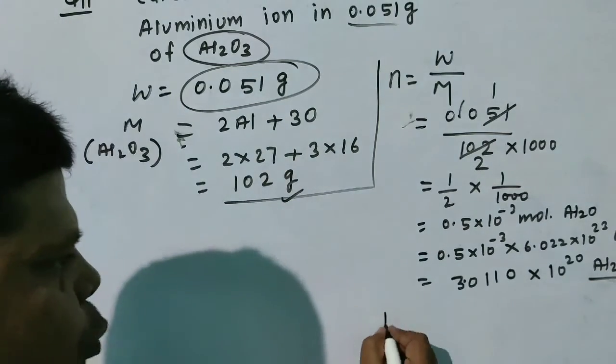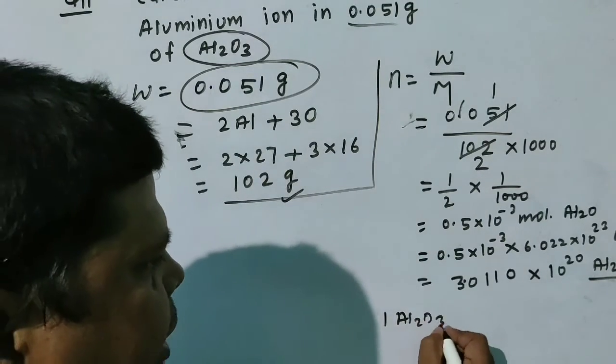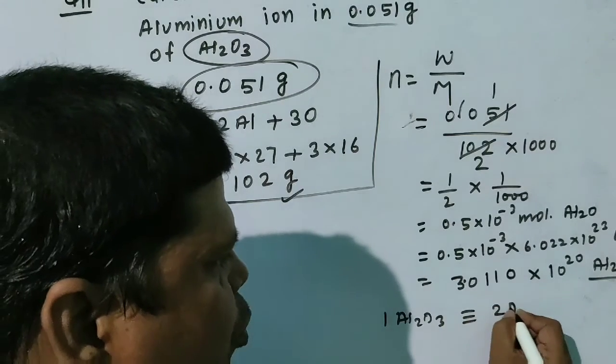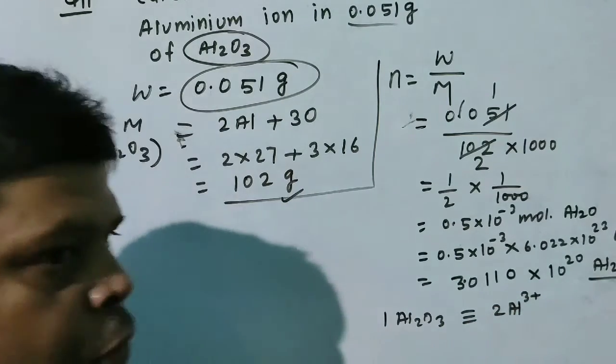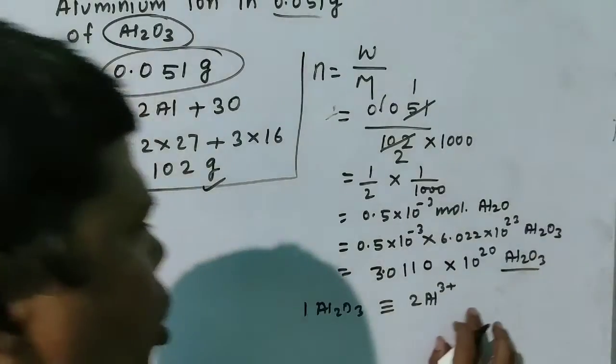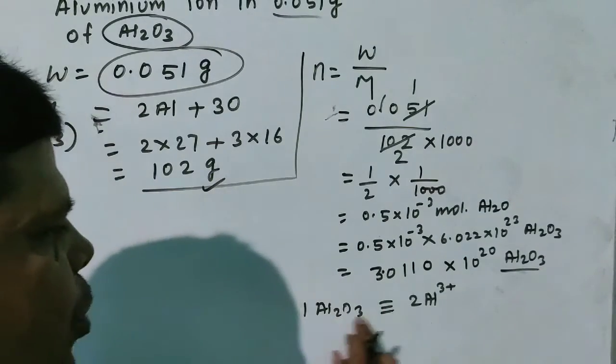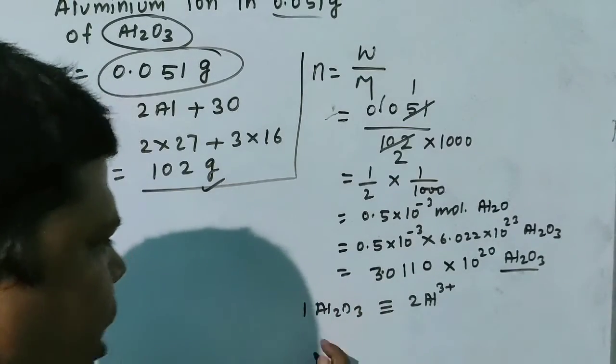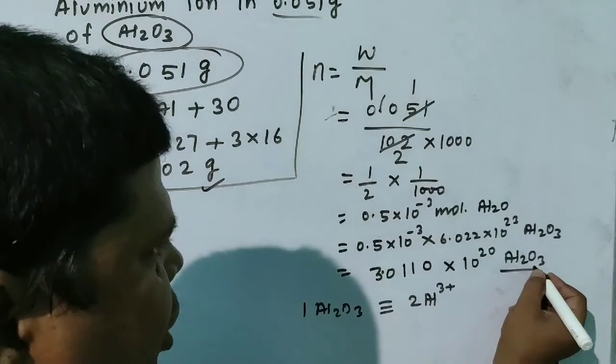One aluminium oxide is equivalent to 2 aluminium ions. In one aluminium oxide, 2 aluminium ions are there.